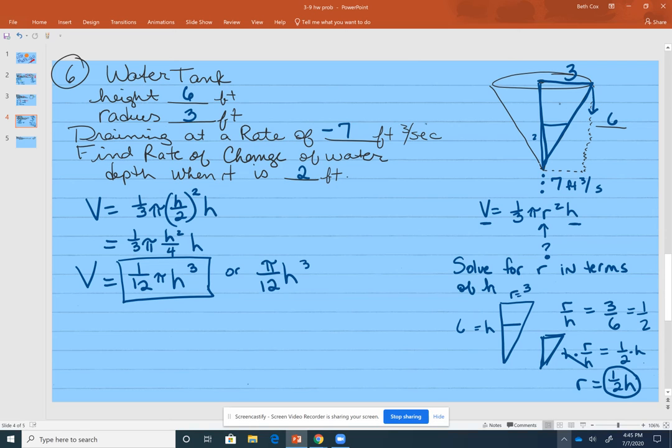Okay, so now we want to do dV/dt. We want to do the derivative of this with respect to time, and we're going to do our power rule. And so I'm going to have 1/4 pi h to the second times dh/dt, because we always got to do the derivative of the inside function.